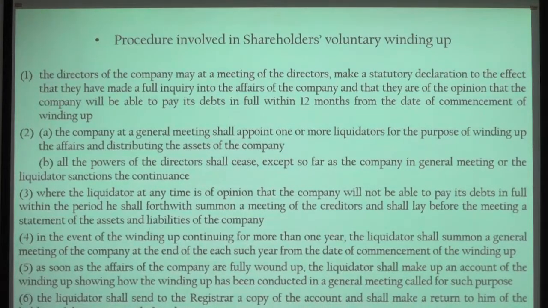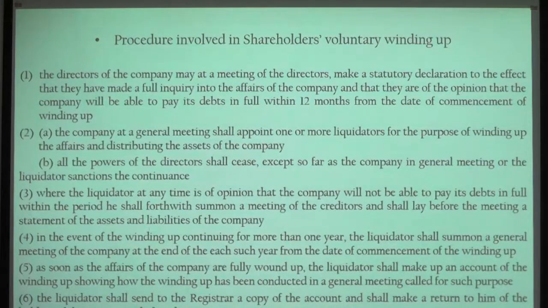The company at a general meeting shall appoint, the company now appoints, not the court. The company may appoint one or more liquidators for the purpose of winding up the affairs and then distributing the assets of the company among the shareholders, the contributories, and whoever is owed a debt by the company, such as creditors.